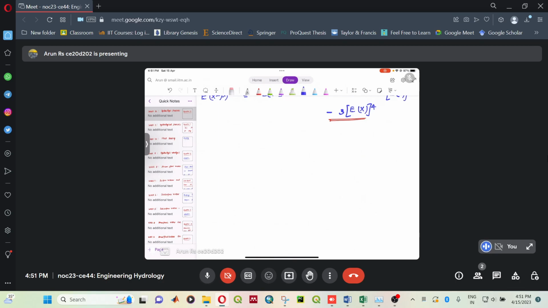Now we will see how we can find out E of x power 4. So similar to the previous x cube, we can integrate and then we can derive this.